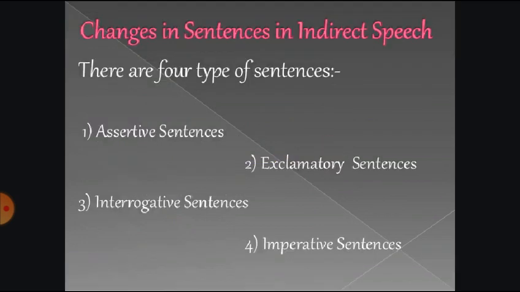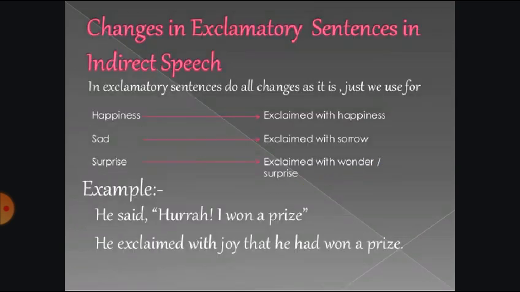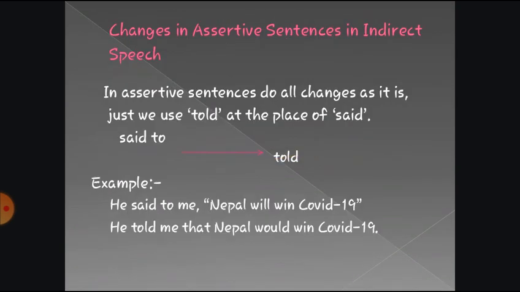So, my dear student, even we have discussed about the types of sentence, a little bit in the last class. And so from today we are going to talk about how assertive sentence can be changed into indirect form. That thing today we are going to talk.